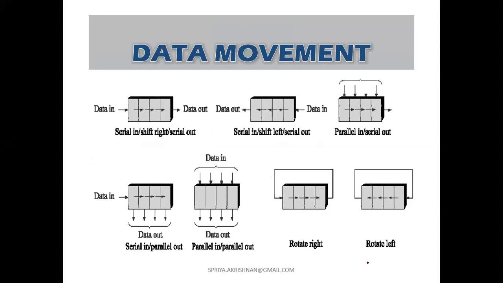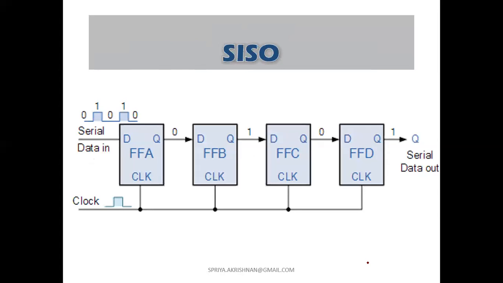These things we discussed in the theory session itself. Now I'll take you to the tool. This is a serial in, serial out shift register. How many bits can it store? It can store 4 bits: 1, 2, 3, 4. All the flip-flops used are D flip-flops, data is applied serially and taken out serially, and a common clock is applied to all the flip-flops.